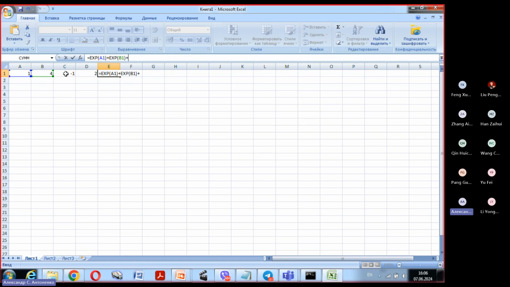I will use Excel for finding this sum. So we need to find this sum of exponents, and then find the exponent of each number, and divide the exponent of each number by the sum of exponents.